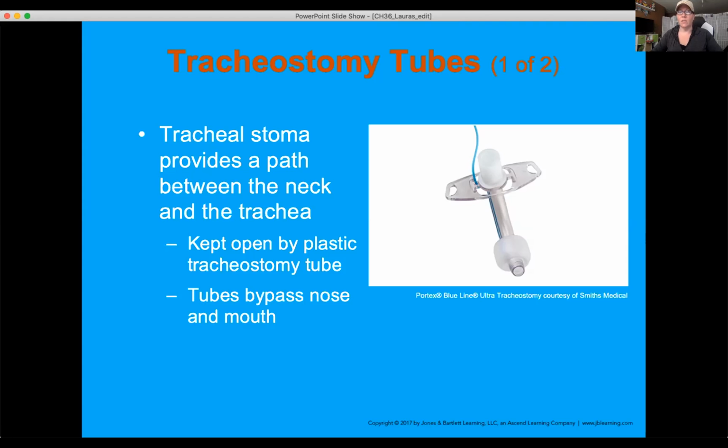Common sense and reason says I'm going to suction and attempt to remove that object or that mucus plug. I can't just pull the trach out, all right? That's going to cause even more issues, and I can't deflate the cuff and all sorts of stuff. So we really need to make sure that we're using our critical thinking skills when we have a patient with a trach tube.